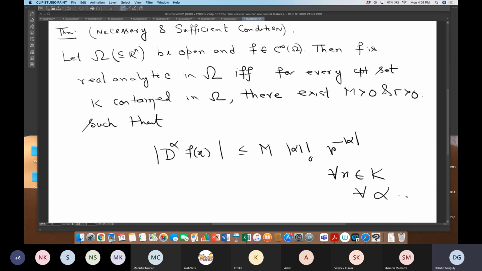Then f is real analytic in omega if and only if for every compact set K contained in omega there exist M positive and R positive such that modulus of d alpha f(x) is less than M times mod alpha factorial times R to the power minus mod alpha. This should work for every x in the compact set and for all multi-index alpha. Is that clear? The statement is clear.